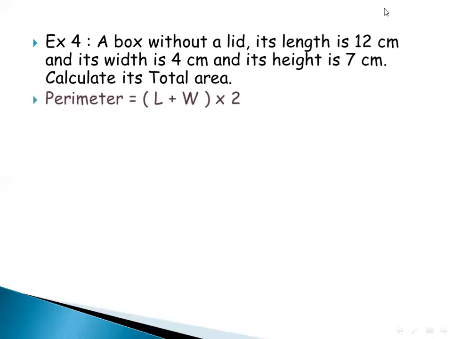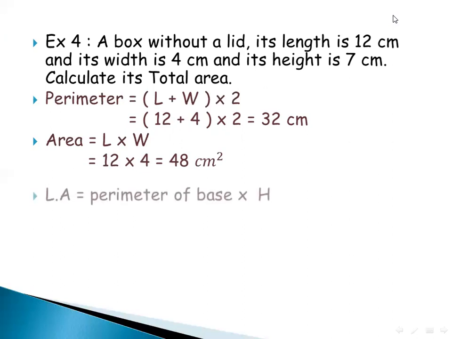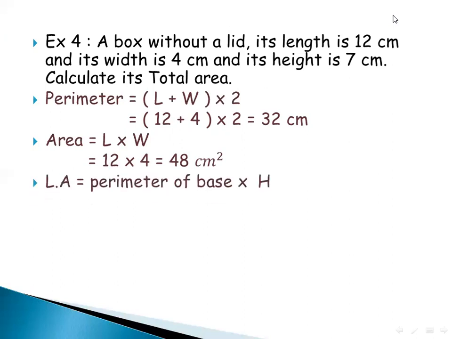This means I'm going to get the perimeter first by adding length to width and then multiply the answer by 2: 12 plus 4 times 2 equals 32 centimeter. Area equals length times width equals 12 times 4 equals 48 centimeters square. Lateral area equals perimeter of base times height equals 32 times 7 equals 224 centimeter square.